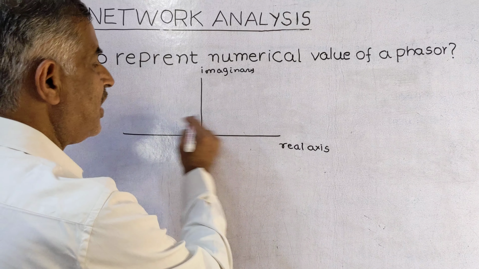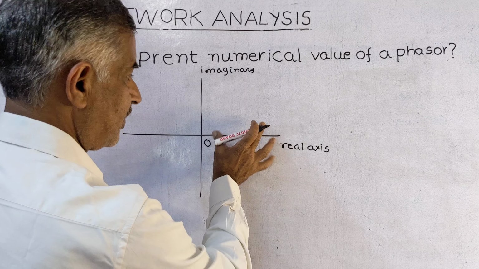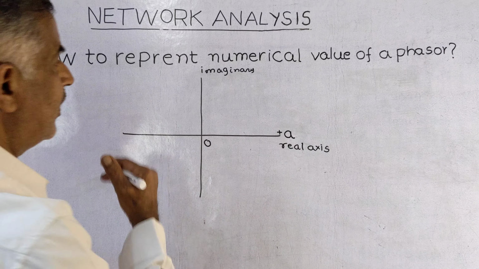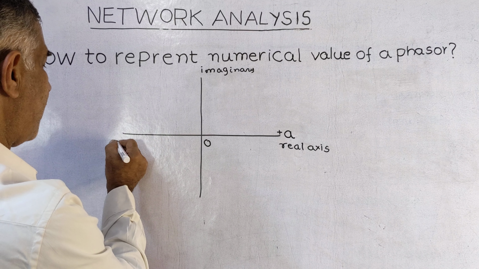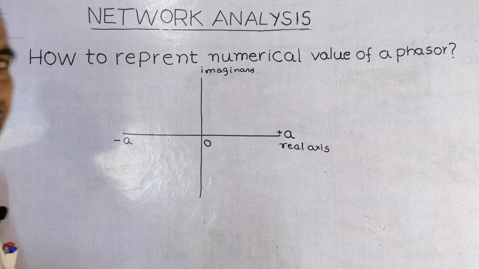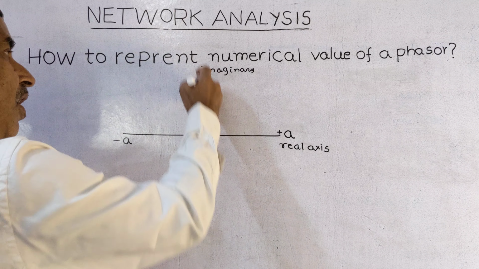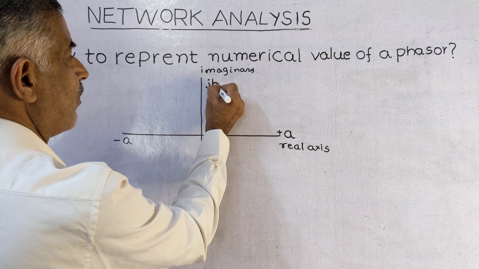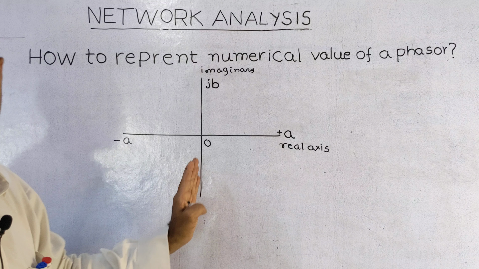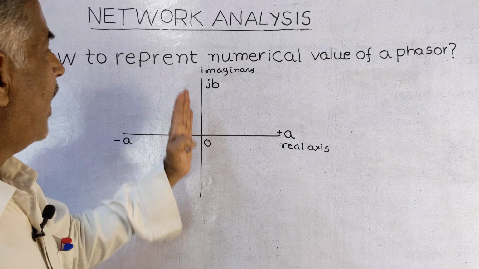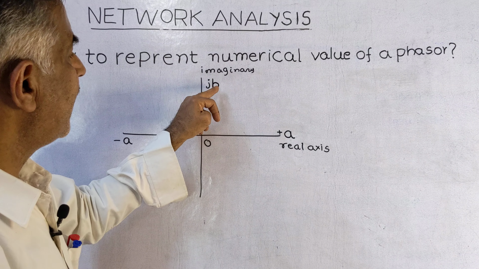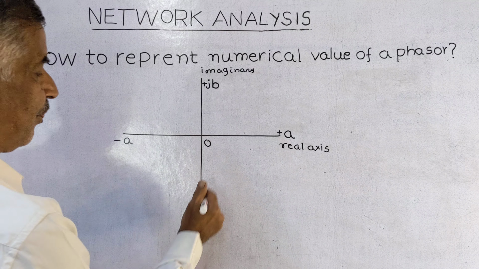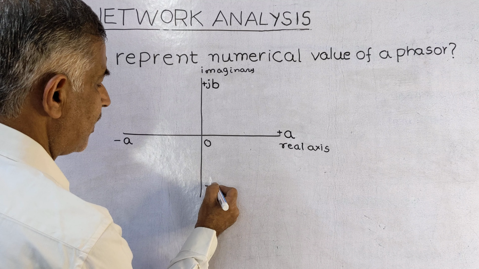Any number on the real axis on this side is represented as plus a, and on this side as minus a. Because the vertical axis is the imaginary axis, we use the j notation: a number on this line is indicated as plus jb, and on this side as minus jb.